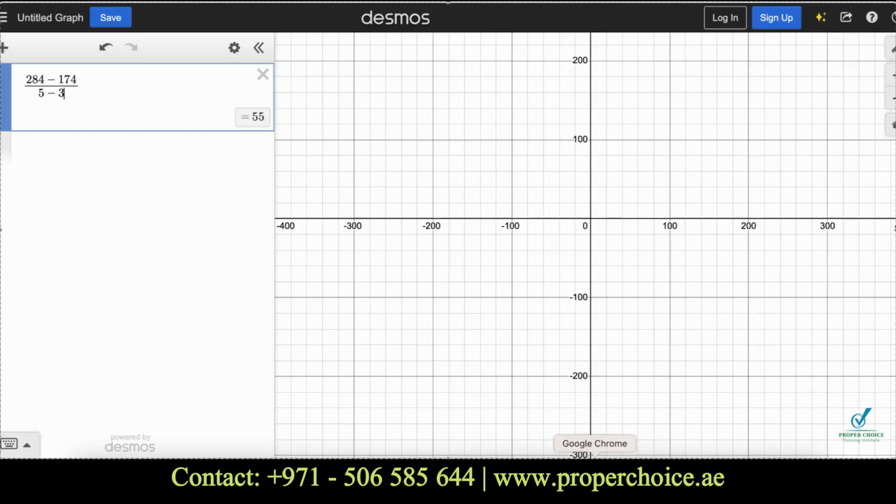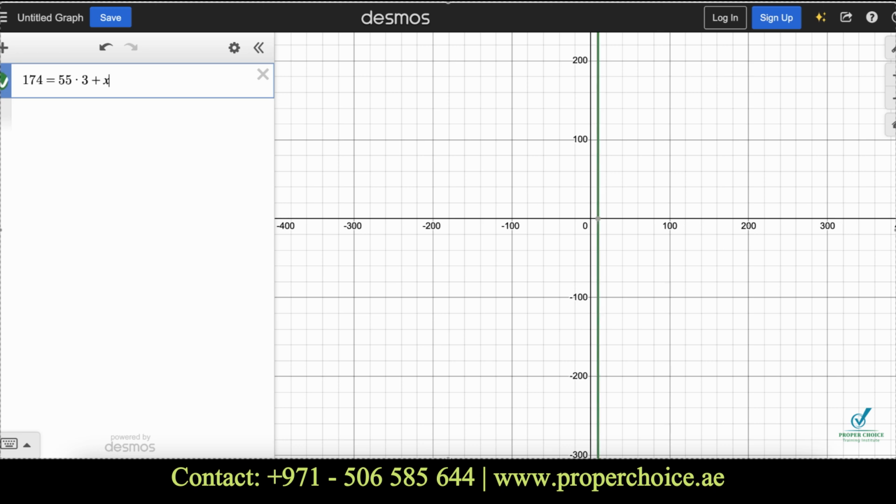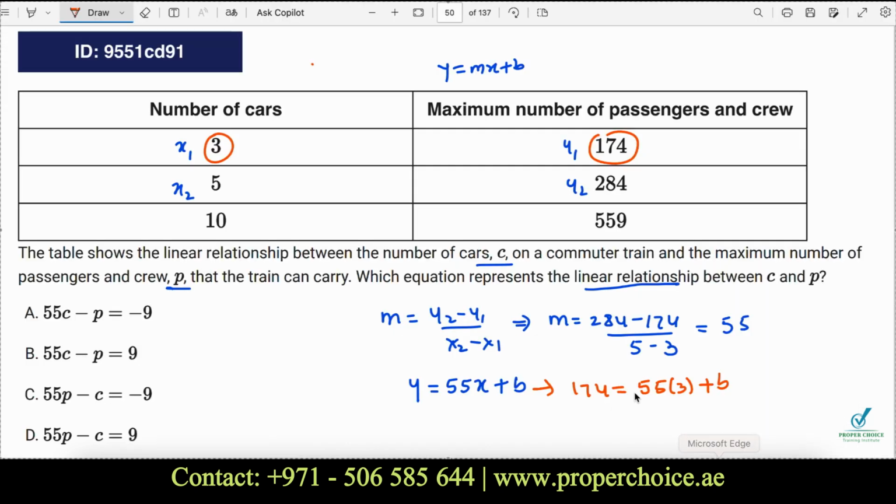Take the help of Desmos: 174 equals 55 times 3 plus b. While typing it on the graph, you have to type the unknown as x, which gives me an initial value of 9. So b equals 9.